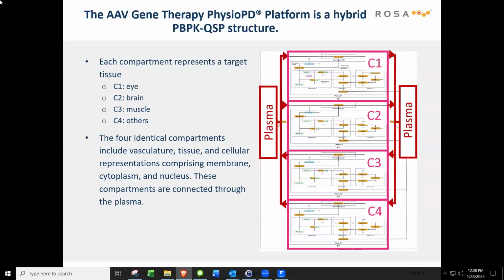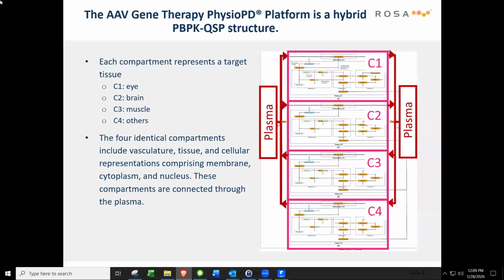We see a plasma compartment on the left and on the right, and we see that AAV can go from plasma to all these different compartments and go back to plasma from all these compartments too. Now, these compartments represent different tissues in our model.